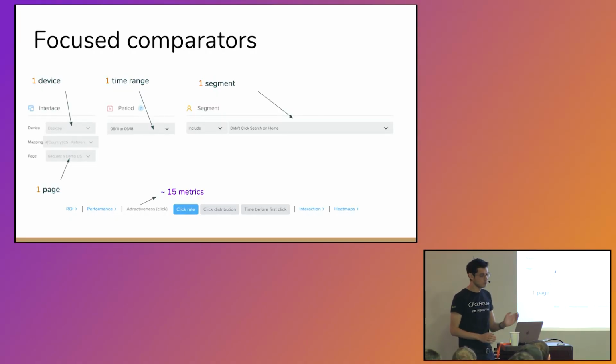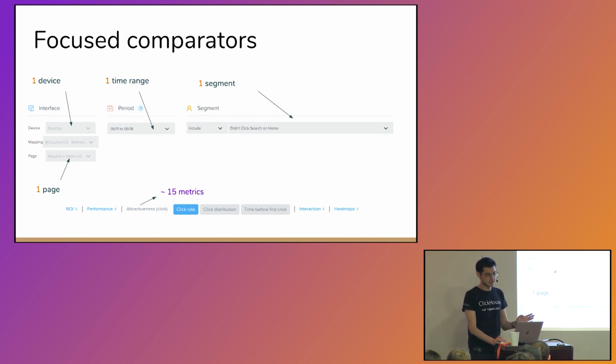Say we want to ensure that all our metrics are correctly computed. Well, it's fairly easy. We just fix the device to be always the same. We just look at always the same time range, the same segment of population, the same page, and so on and so forth, and we issue one query per metric. This is a very simplified view, right?